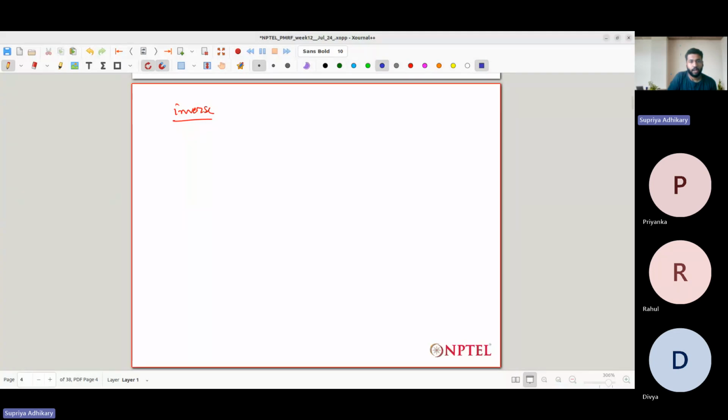It states that for all g in G, there exists an element g inverse, which is basically a notation, in G such that g composed with g inverse equals g inverse composed with g, which equals the identity element.